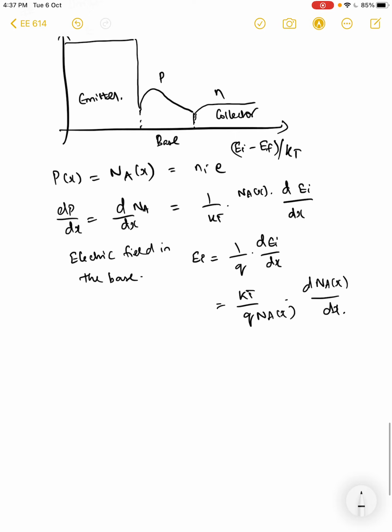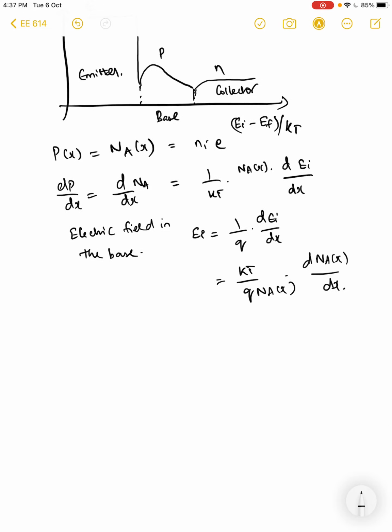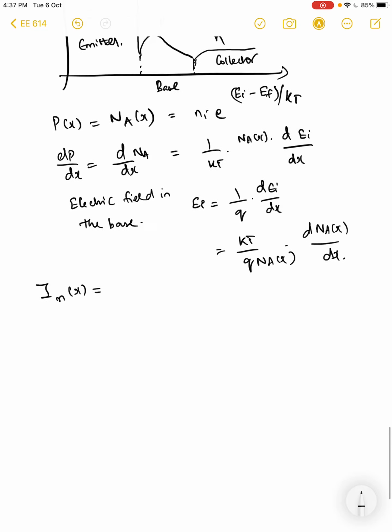The total current in the base, In(x), is an addition of the drift component that we previously considered and the diffusion component that we previously considered.